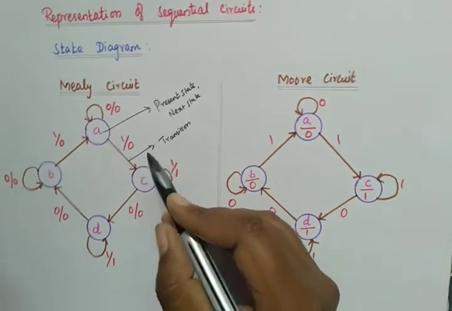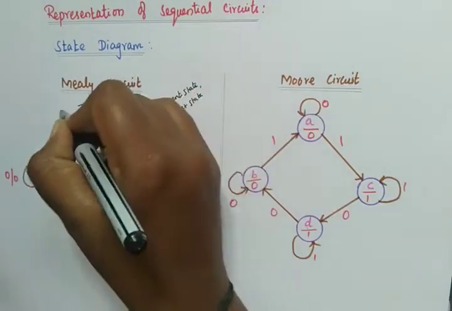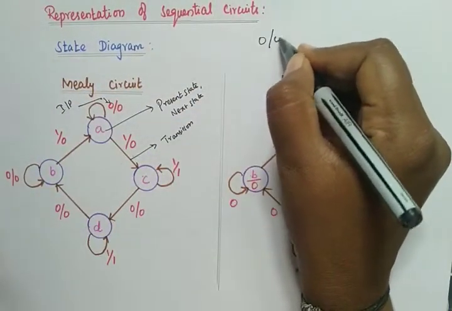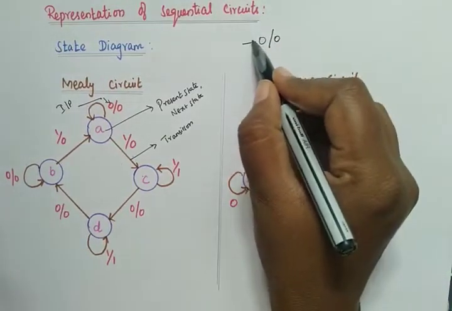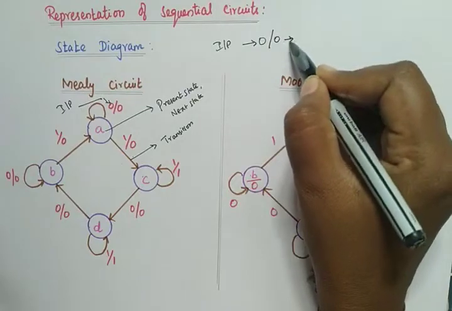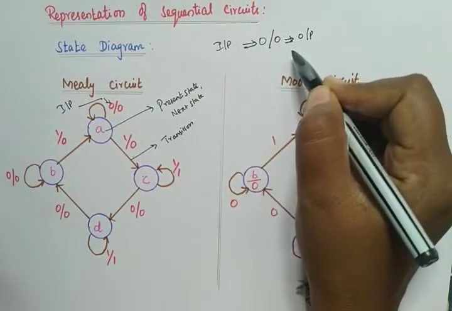In the Mealy circuit, the 0 represents input because if we have 0 by 0, the top, that is the numerator, represents input, and the denominator represents the output.